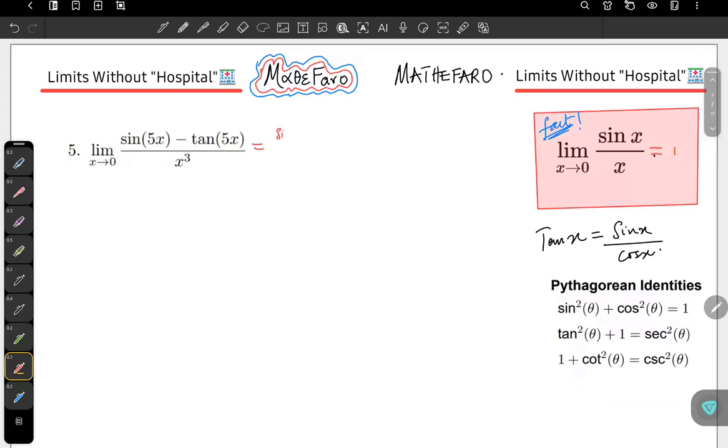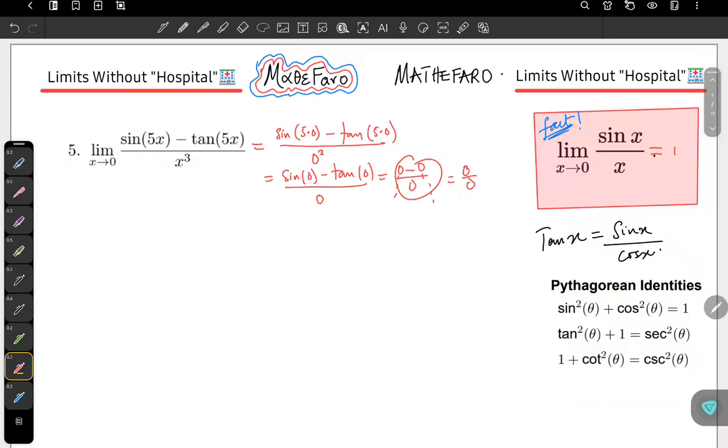So we have sine 5 times 0 minus tan 5 times 0 over 0 cubed, which is sine 0 minus tan 0 over 0. And that is 0 minus 0 over 0, since sine 0 and tan 0 are both 0. This is equal to 0 over 0, which is an indeterminate form.